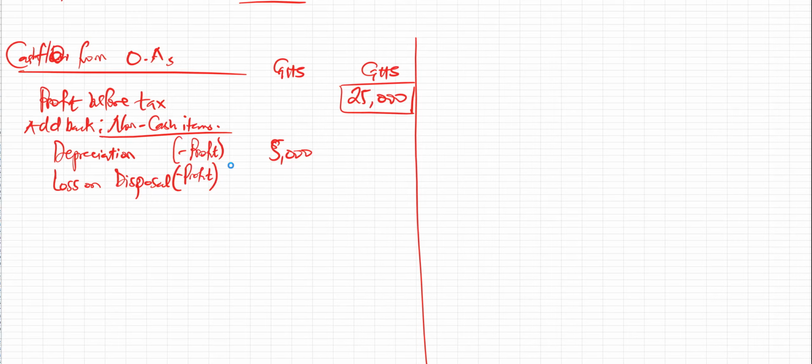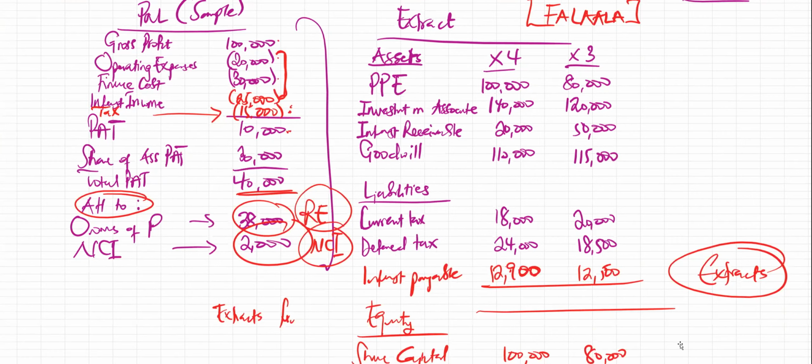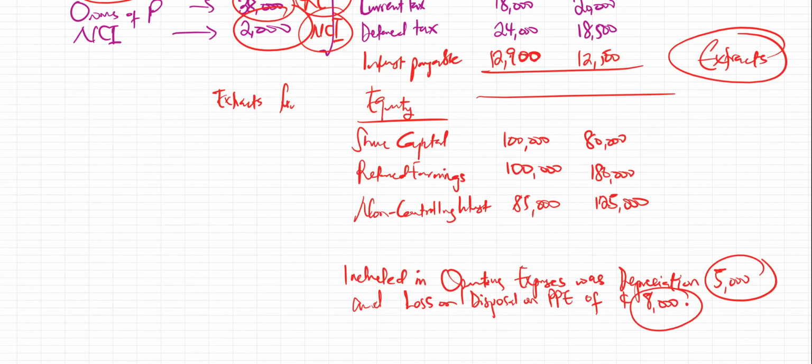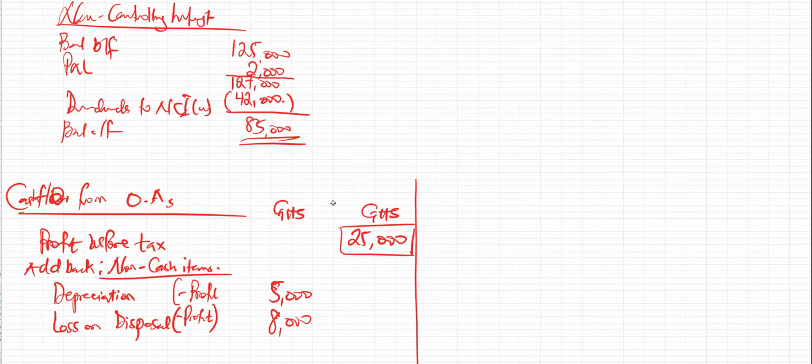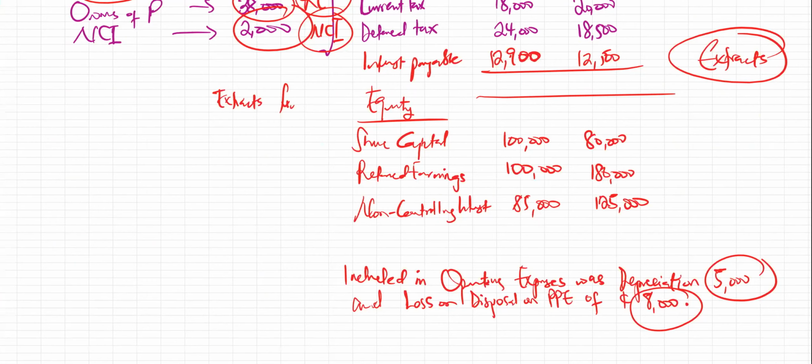So loss on disposal was how much? 8,000, per the question. We must reverse whatever accounting issue we did, by adding it back. Then what other non-cash item did we have per our accounts? This one was just in the footnote, so we just picked it and reversed it. But what about our workings? Impairment: it is charged as an expense, but is it real?